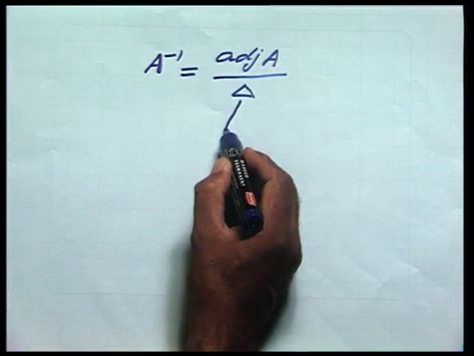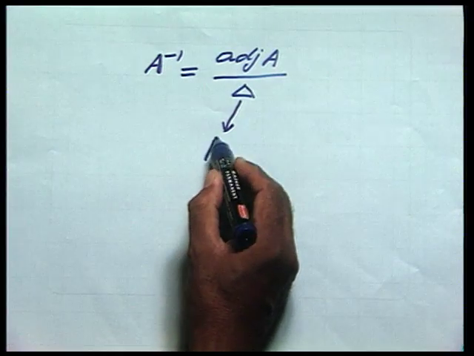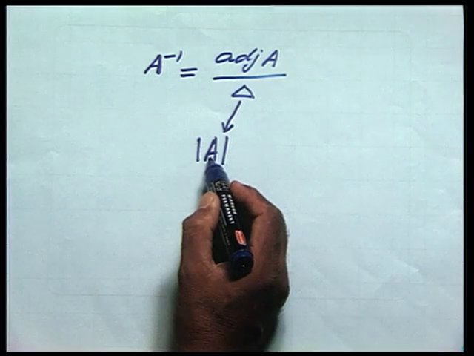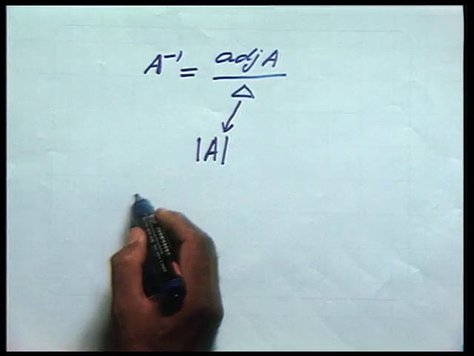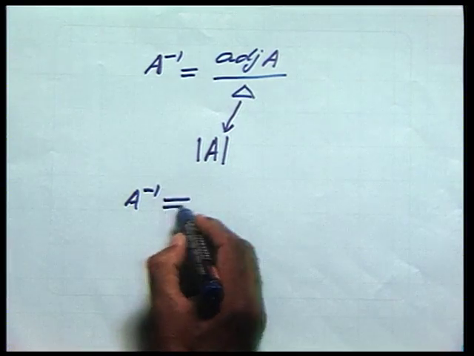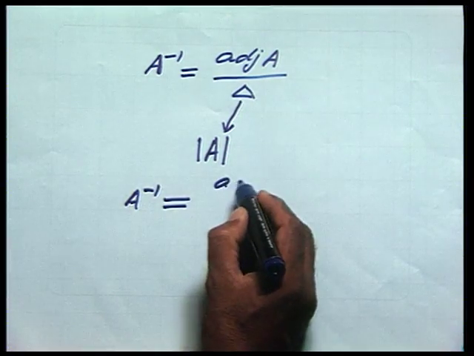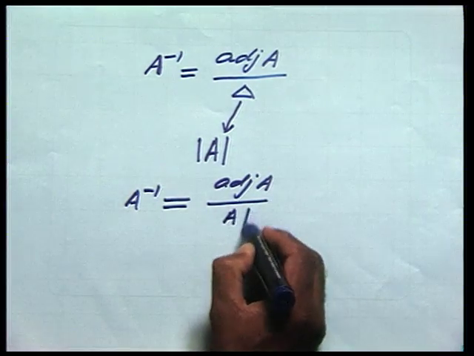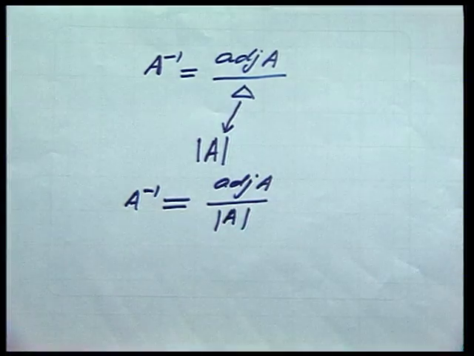In fact, this delta can also be written as the value of the determinant. In that case, we will be writing that the inverse of a matrix A is adjoint A divided by the value of the determinant. Both of these expressions imply the same thing.